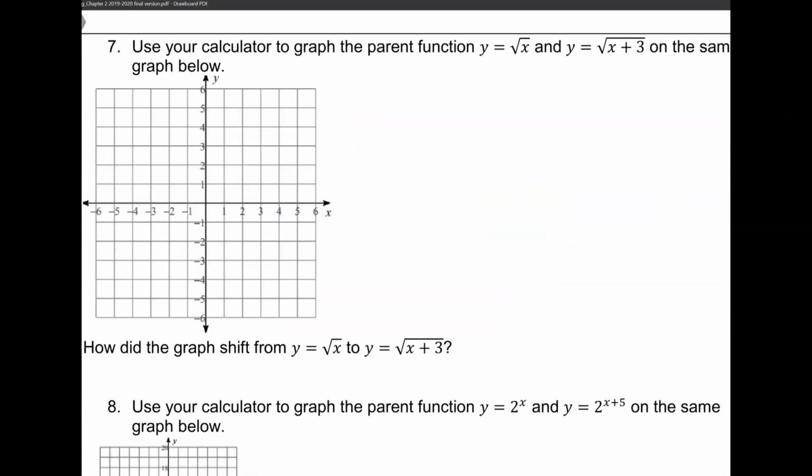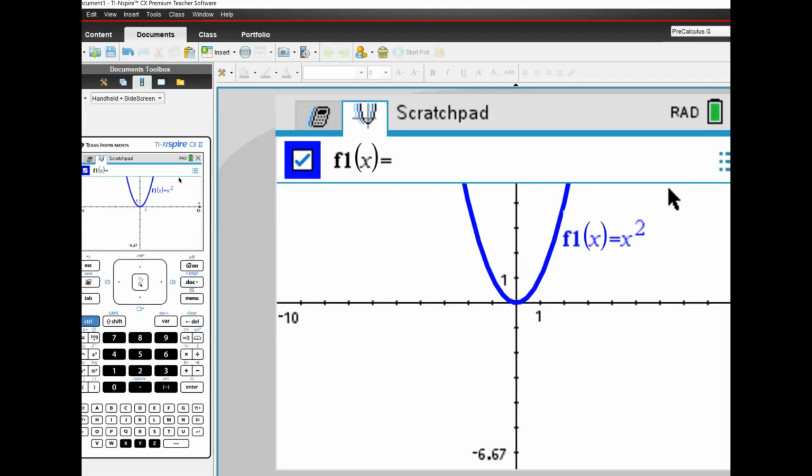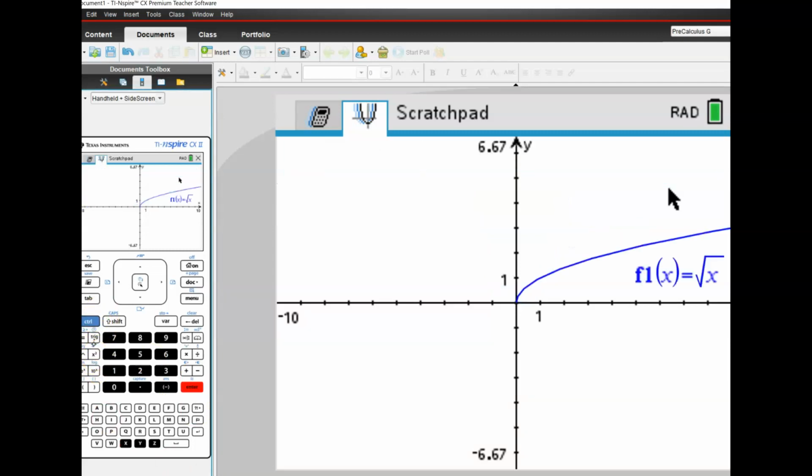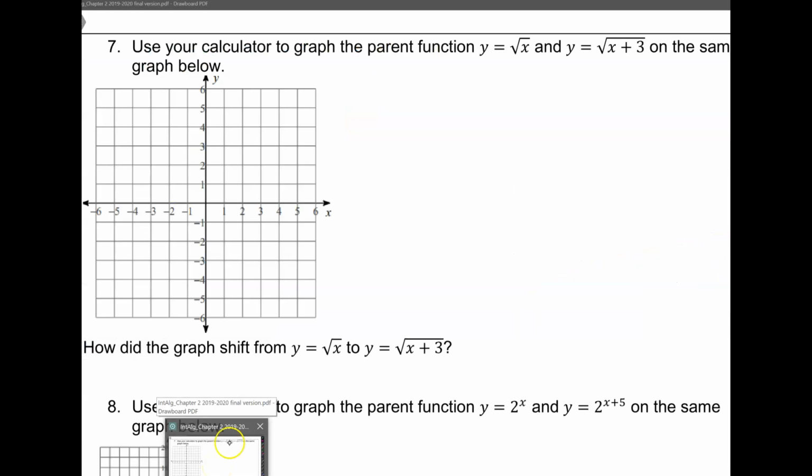So this next one. Last time I said you guys got to be on your ball because we are going fast. Is it x plus 3? So square root x, and then root x plus 3.